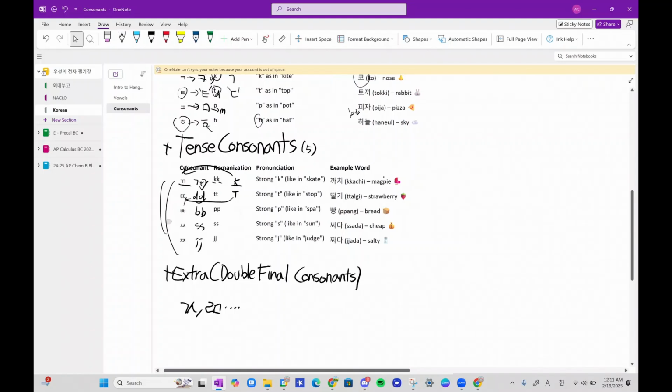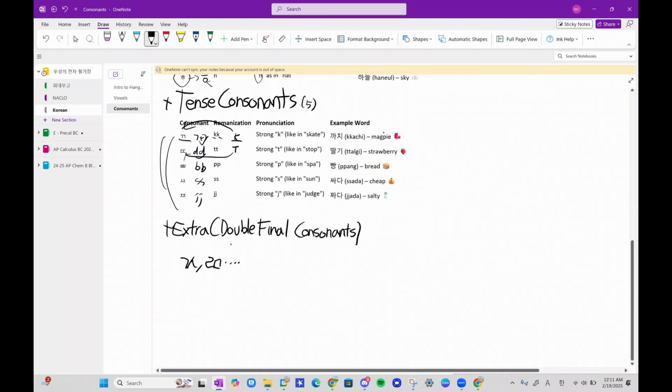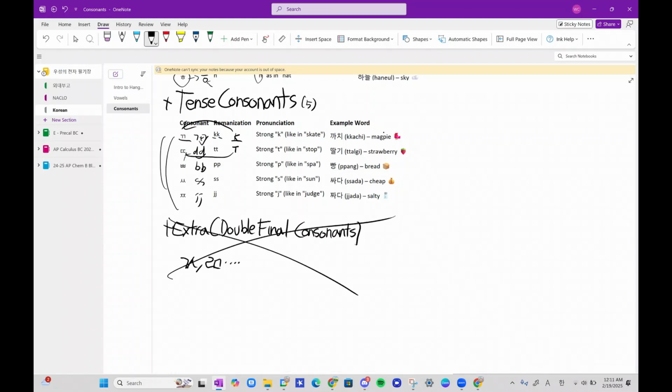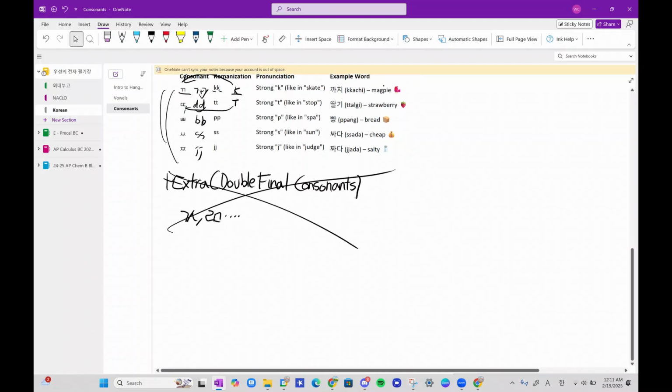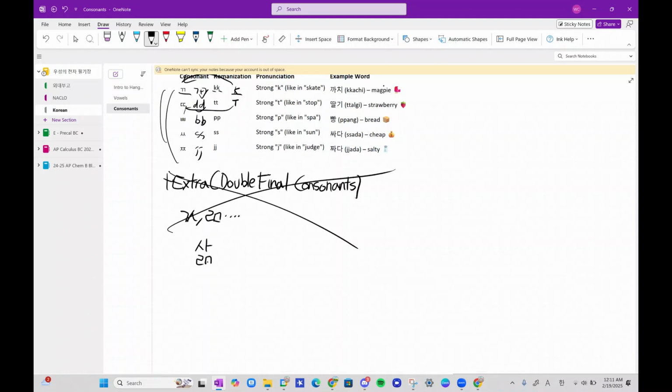And lastly, we have the extra double final consonants, but you don't have to worry about these because these are rarely used. These are things like this. So for example, if you're writing life, it's sam, and you put two little letters and make it one letter. So this is like RM.